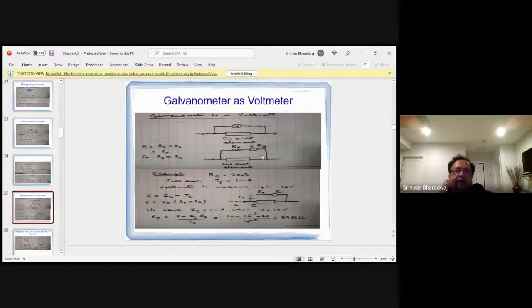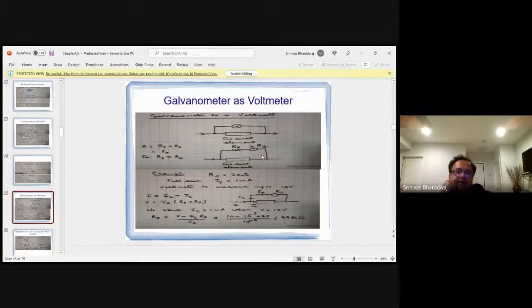So Ig is the current through the galvanometer and the resistor which is in series with the galvanometer, right? So Ig times Rp plus Rg is the actual voltage, right? We want Ig to be just 1 milliampere. You want it to be very small. You want it to draw very little current from the system, right?